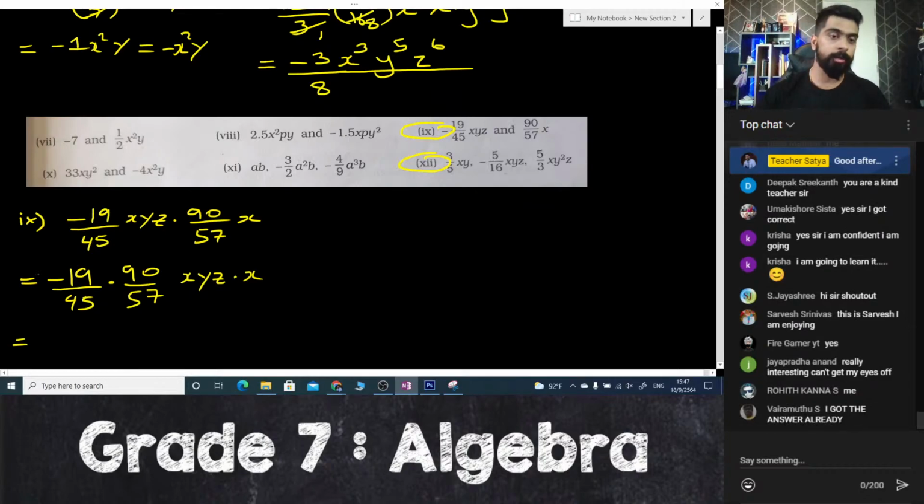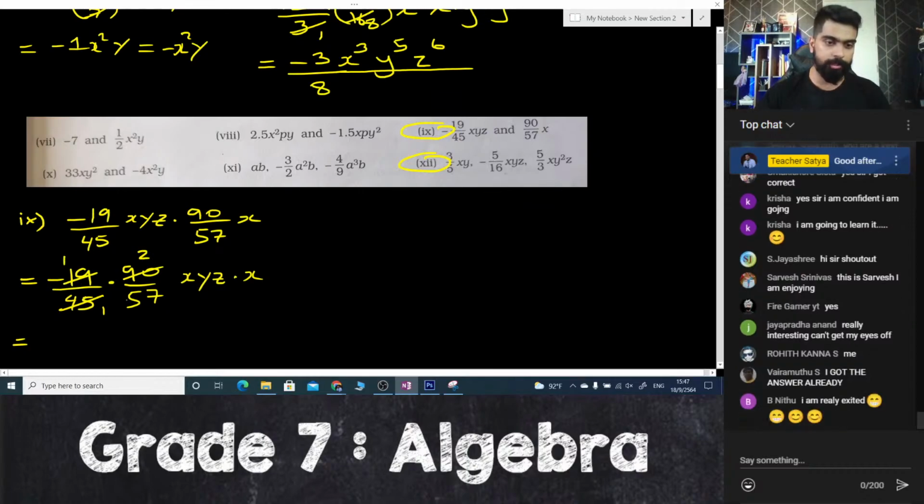Good job. Very good. And if we take a look at it, guys, we can simplify them, right? 45 and 90 can simplify, right? So 45 will change to 1, 90 will change to 2, right, guys? And now again, 19 will change to 1 and 57 will change to 3, right, guys?